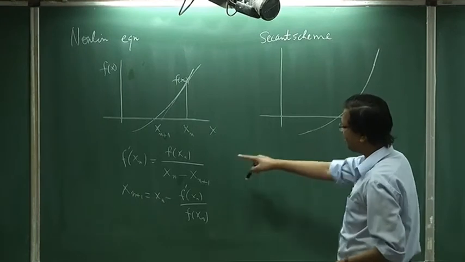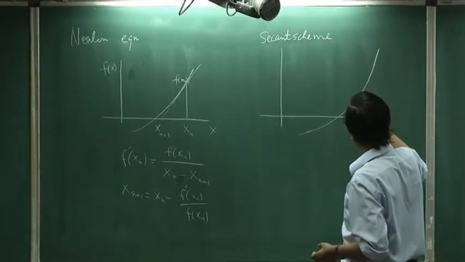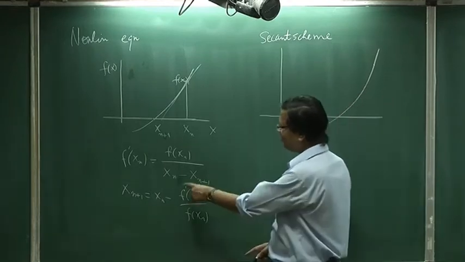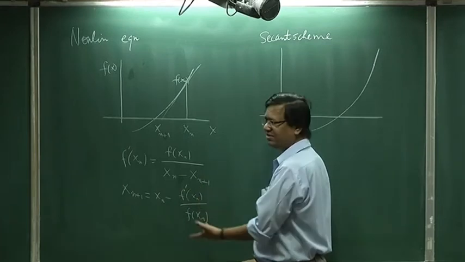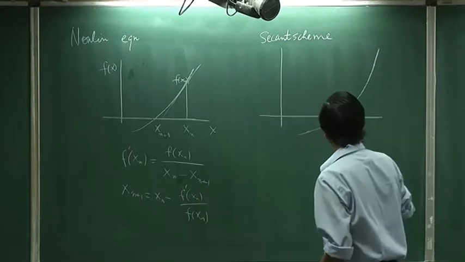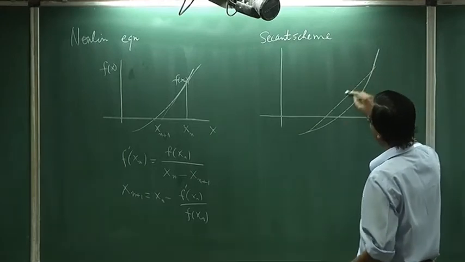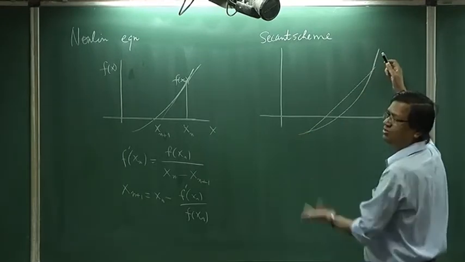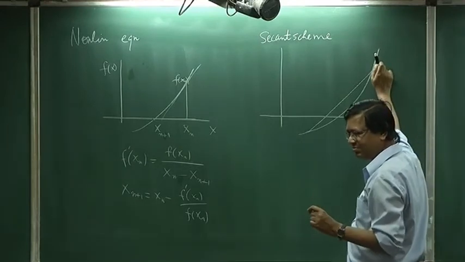I want to use the same formula, but I can't get the slope. Suppose I don't know how to find the slope. In fact we will see an example where I don't know how to find the slope. So the idea is you take an approximate slope by just choosing the 2 points. I can compute the value of the function, but not the slope.